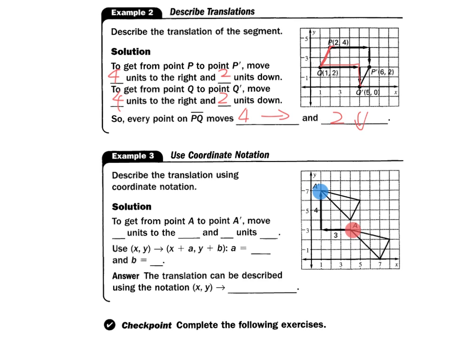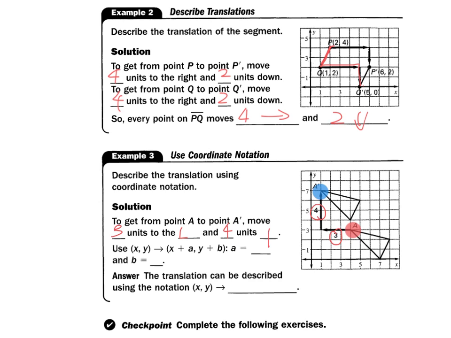So to get from point A to point A prime, I have to move 3 units to the left. See the 3 here? And then after I move to the left, I can move up by 4 units. I'm sorry, 4 units up.